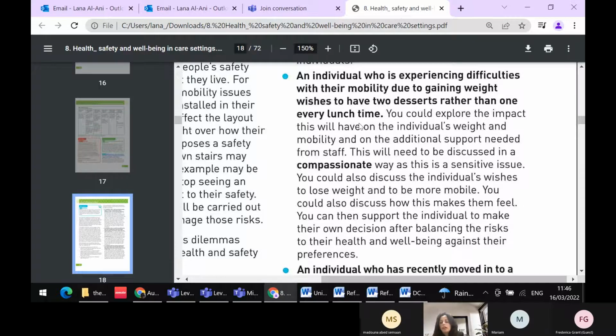Check if the dessert is going to give him maybe illnesses. Does he have diabetes? All this is included in the risk assessment. You can check the person's weight. Is he gaining weight? Because every day he's taking 2 sweets rather than 1.